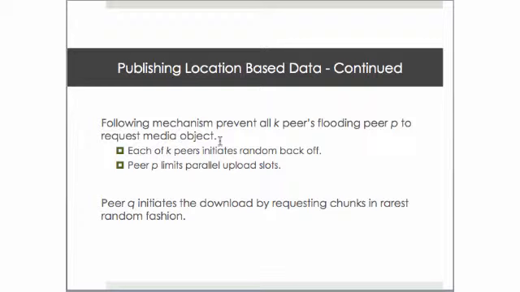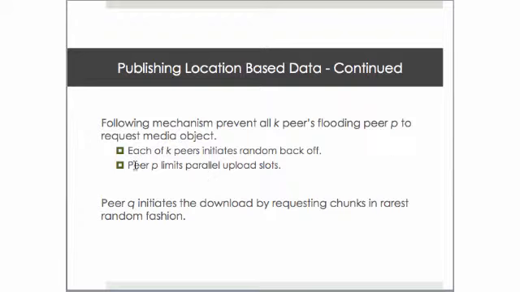Now, since a set of Q peers are going to make a download request to peer P for the media object, we have to ensure that peer P is not flooded with requests. This can be done in two ways. The first way is that each of the K peers initiates a random backoff. They back off for a certain amount of time, after which they make a request to peer P to get the media object.